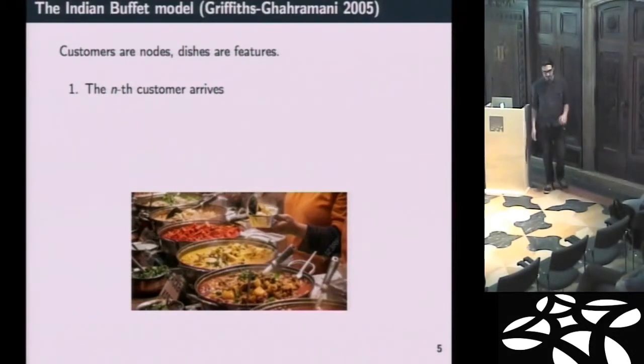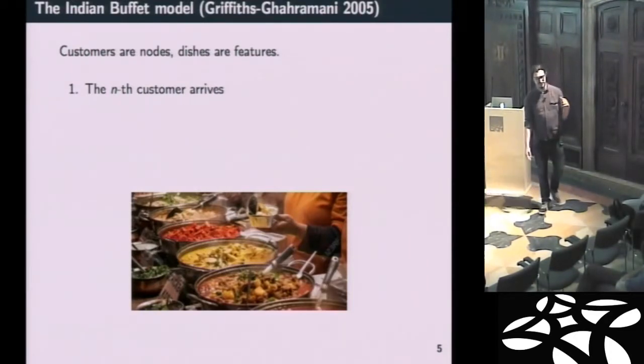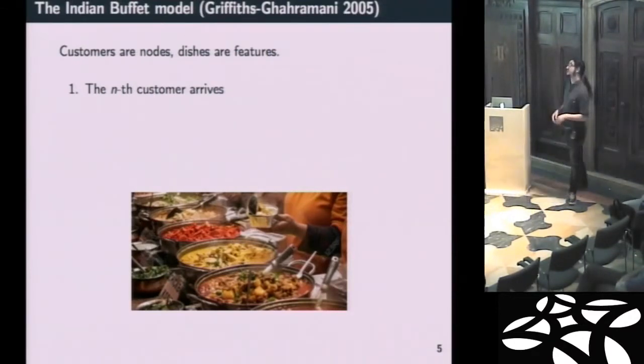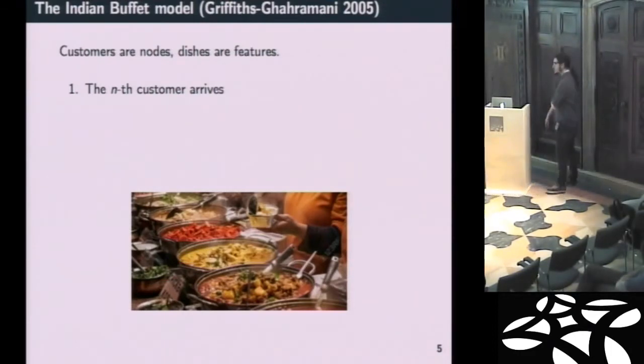Well, we're going to use a model that is the Indian buffet, that is quite well known, but I'm going to recap it a bit. Presented in 2005, and the metaphor is the following. We think of an Indian buffet restaurant where customers are our nodes, and they have to select a set of dishes that are our features. So how does it work?